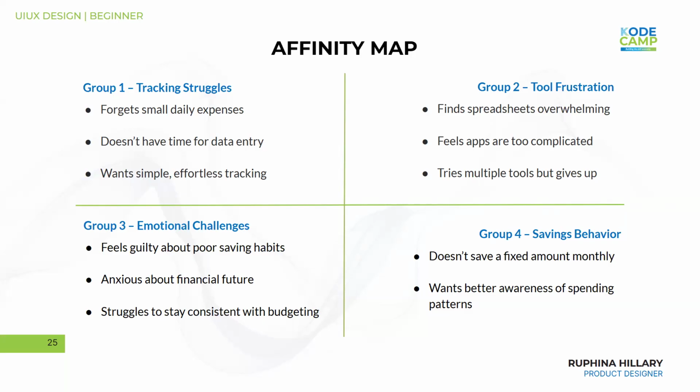Exactly. The whole idea is about categorizing information to make it easier to understand. So now, instead of working with 11 insights, we can work with four groups. One, people struggle with tracking. Two, people are frustrated with the tools. Three, challenges associated with savings.